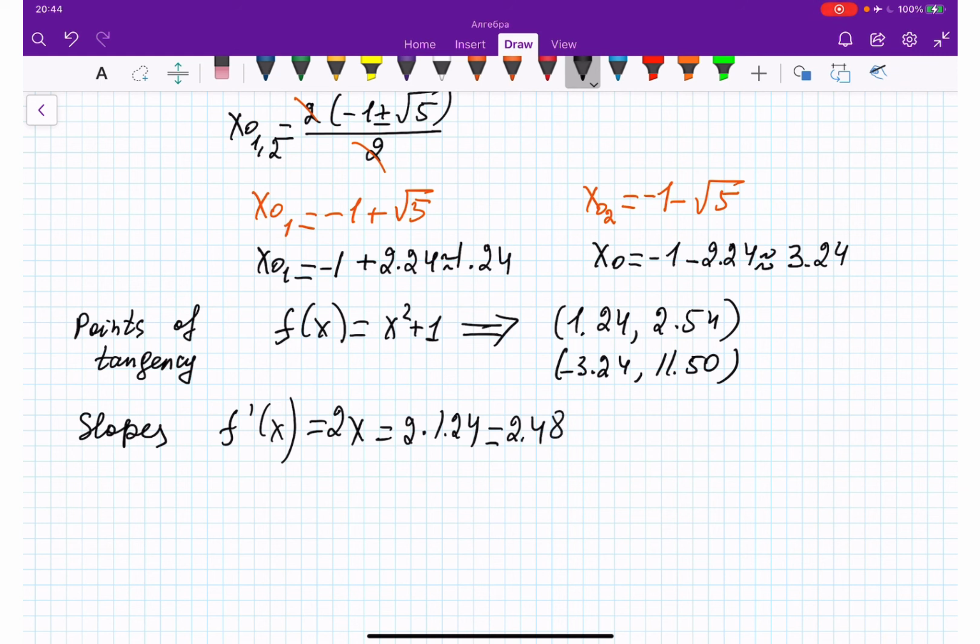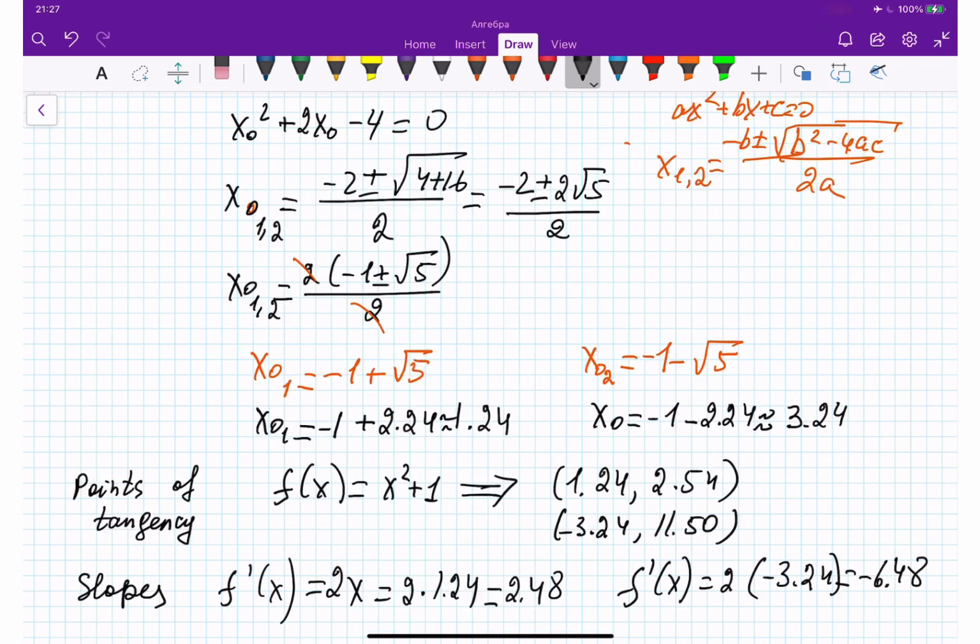And for the other case, f prime of x is equal 2 times negative 3.24, which is equal negative 6.48. And now let's write down equations, because we have already slope, right? And we can figure out our equation of tangent lines.